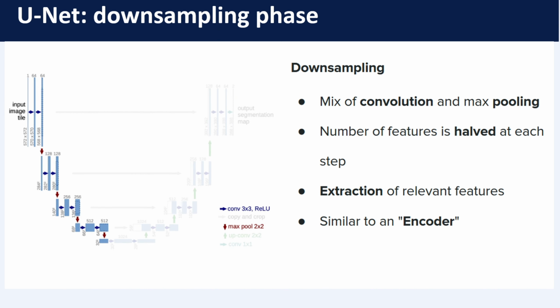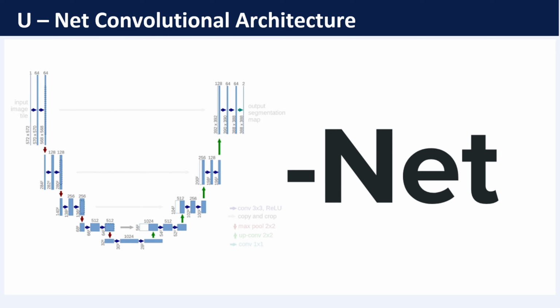So what's happening here in general? The contracting path, the left side, follows the typical architecture of a convolutional network.